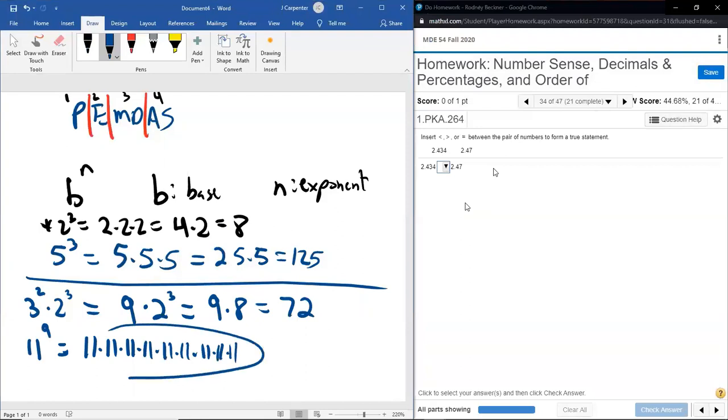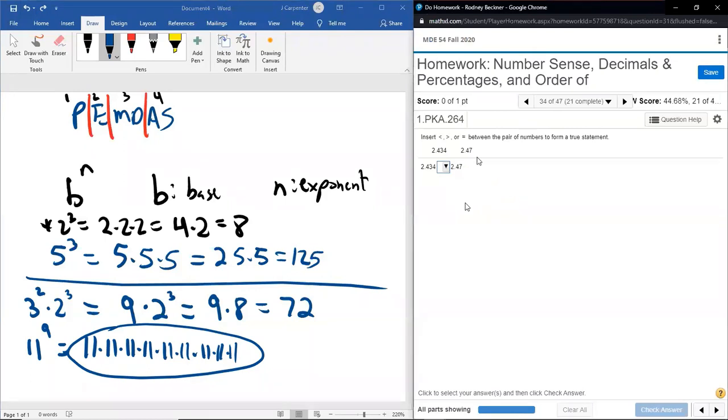This gets just ridiculous to have to write out. Imagine if your exponent was 11 to the 30th. Imagine if you had to write 30 of those 11s. I'd rather just write 11 to the 30th and let my calculator handle the job from there. And for a bigger number like that, certainly calculators are fine. That's what they're there for.